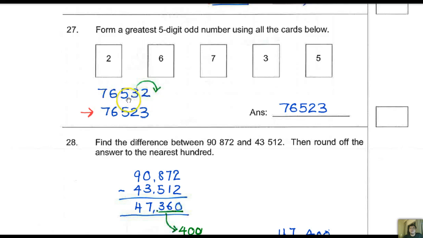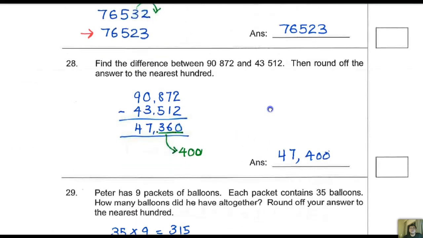Now this number, the first arrangement happens to be the largest even number because it ends with 2, right? To get the greatest odd number, all you have to do is take this 3, the next number here, plonk it over to the side. Just exchange this 2 from 32 to 23, and you're very safe that this is still the largest but odd number. So this is the answer.